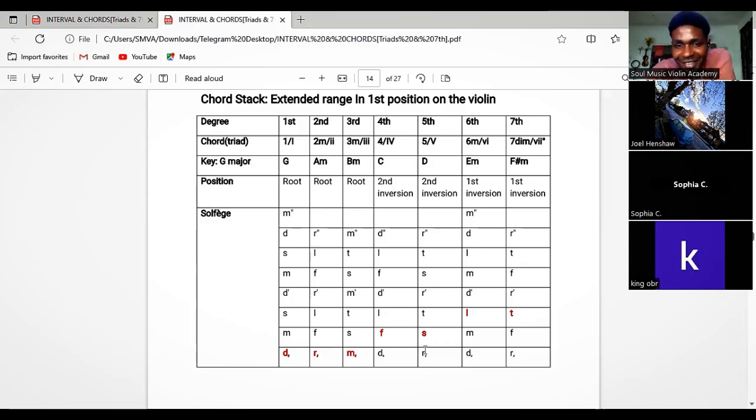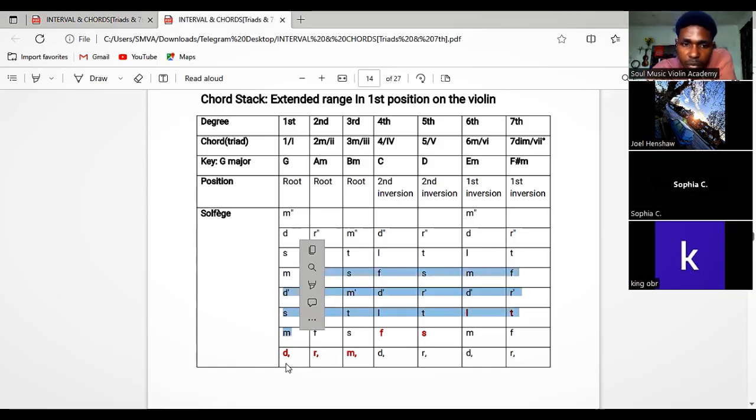What's the question? Why did I start from second inversion for the fourth chord, while stacking the chords? I don't really understand the question.